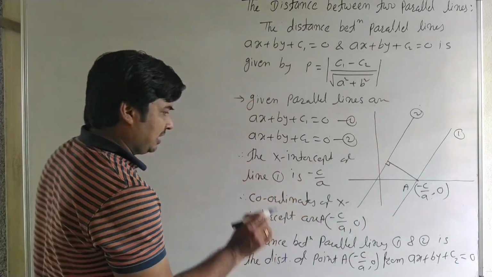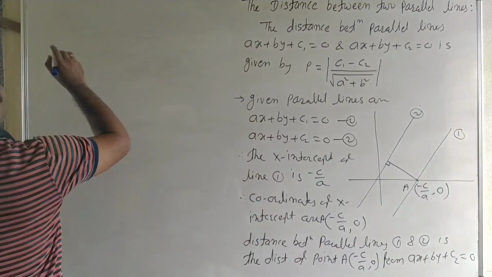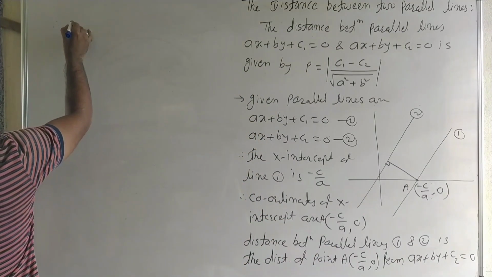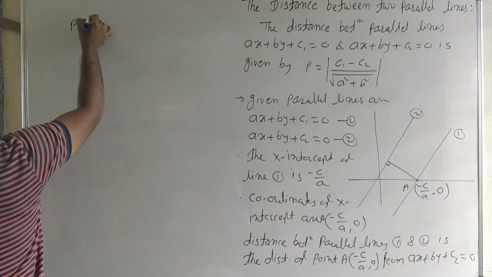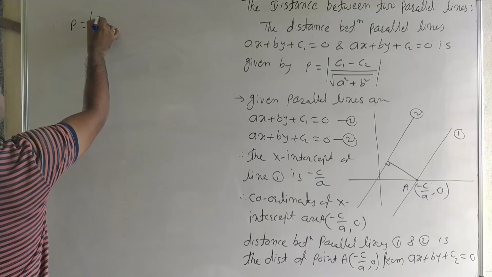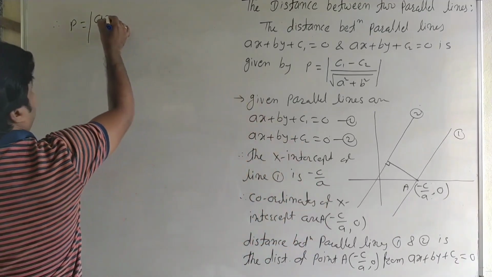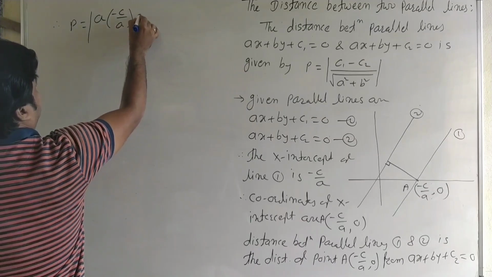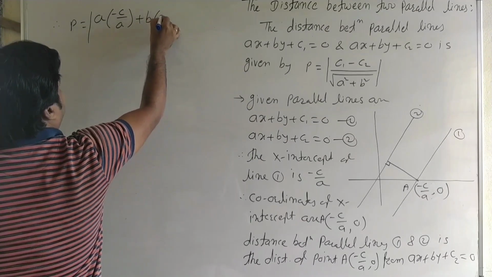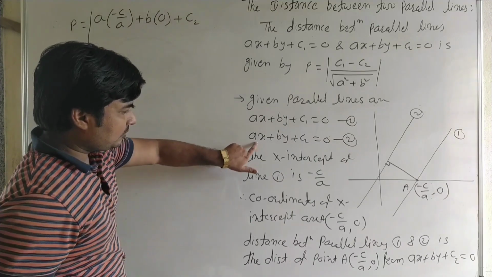Okay, here the distance of a point from the line, and we know the distance formula, therefore we take the distance p is equal to a times x1, which is minus c by a, plus b times y1, which is 0, plus c, which is c2, upon under root of a square plus b square.